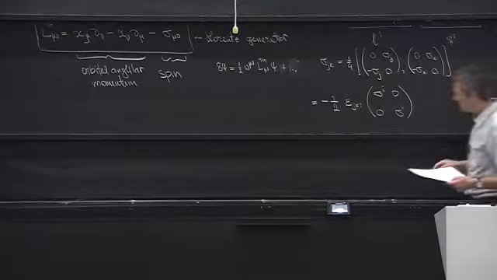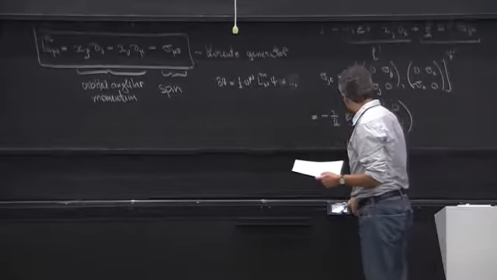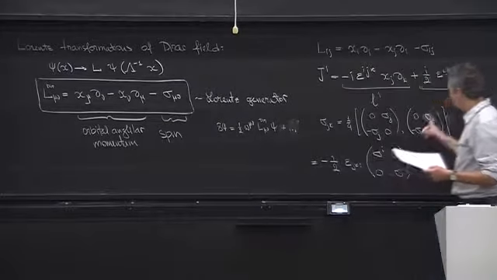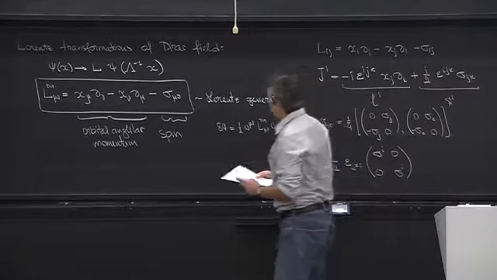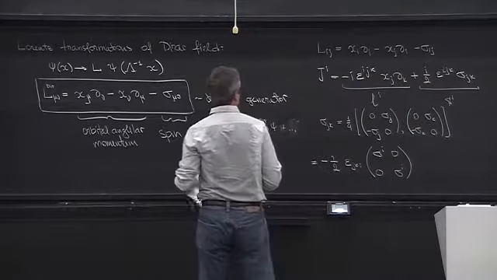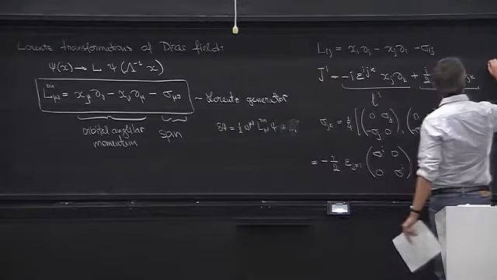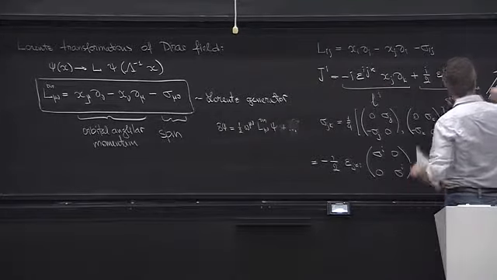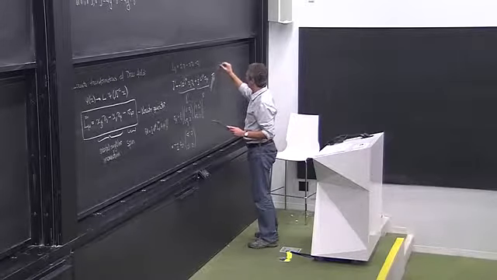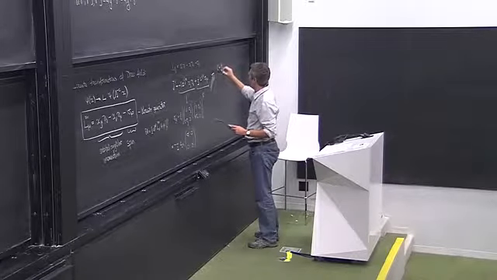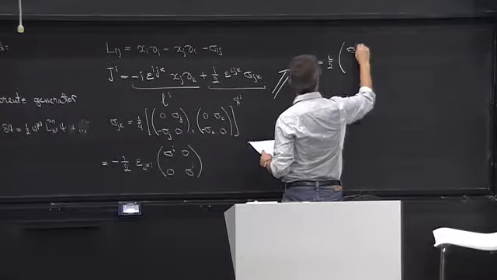We multiply two skew diagonal matrices and get a diagonal matrix. So from this calculation we conclude what the spin is: the spin is equal to 1/2 times sigma I.